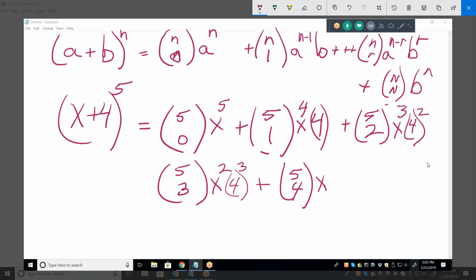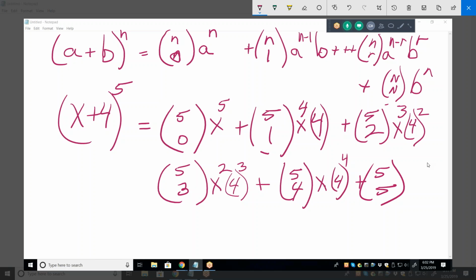Correct. And then 4 raised to the 4. Okay, and then finally the last term. 5 choose 5. And then x to the 0th, if you like, but x to the 0th is 1.